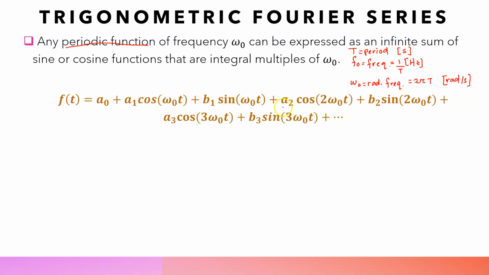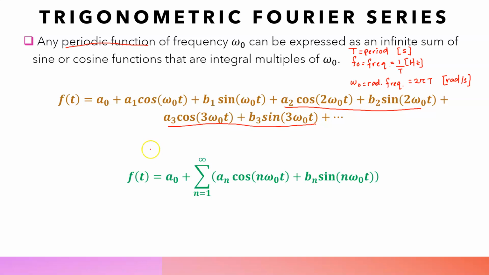You have this 2 times omega o t, so 2 times the fundamental frequency. This is the second harmonic. This one is 3 times the fundamental frequency, so this part here is the third harmonic, or harmonic 3, you would say.